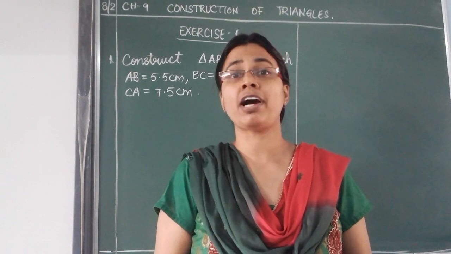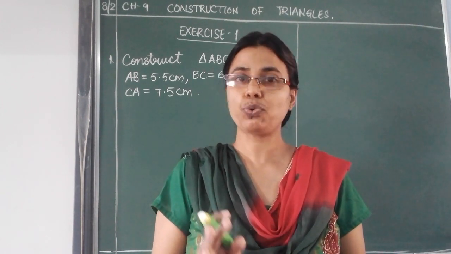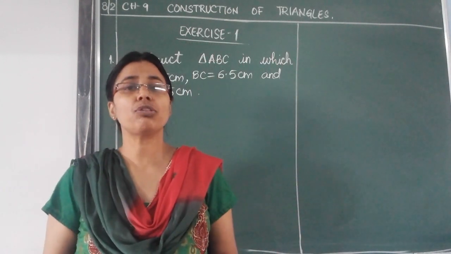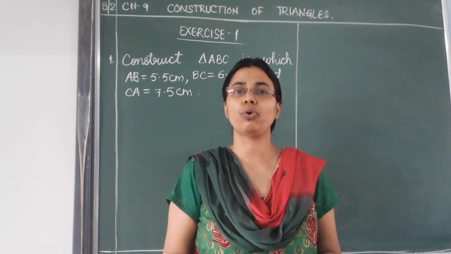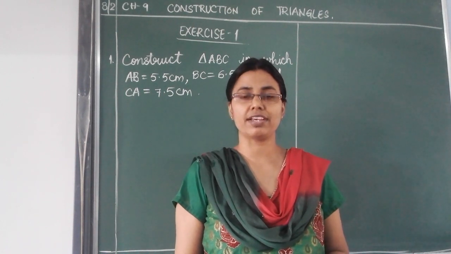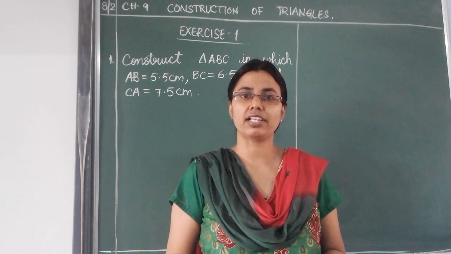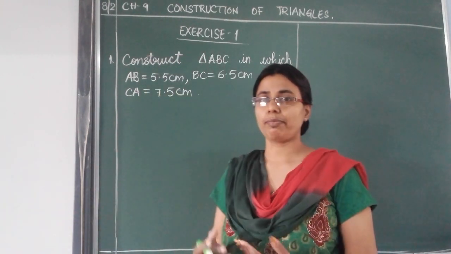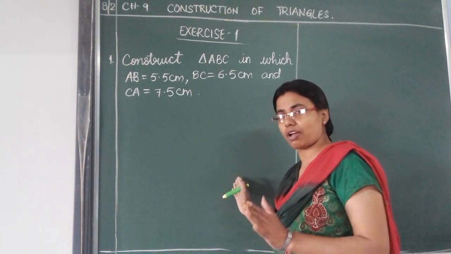And now because this is the first problem, I am going to explain to you in detail so that you will be able to understand very clearly. Okay, so the first step, there will be some steps that we have to follow when we construct a triangle. The first step is you have to draw a rough sketch of the triangle. You need to just guess and take the measurements and label the measurements to that rough figure.